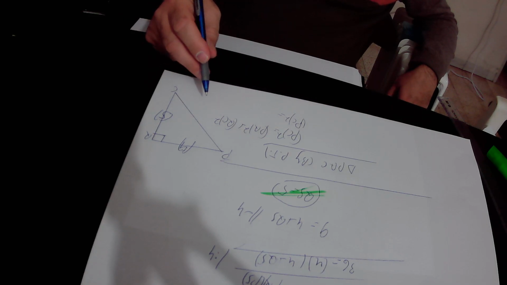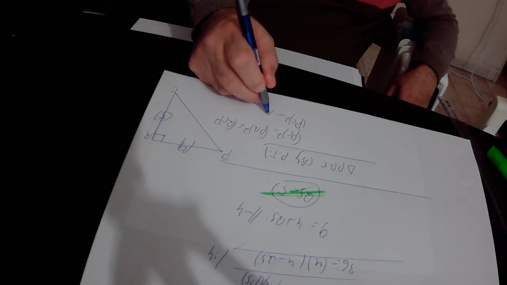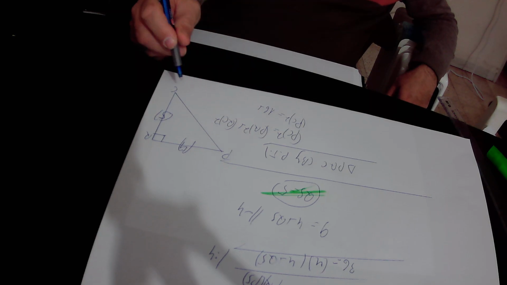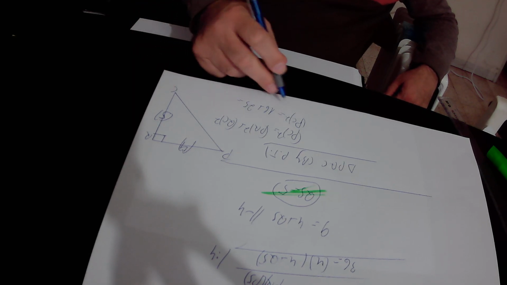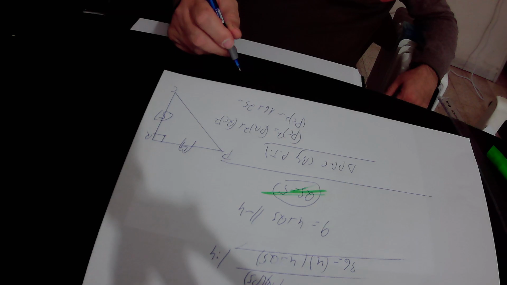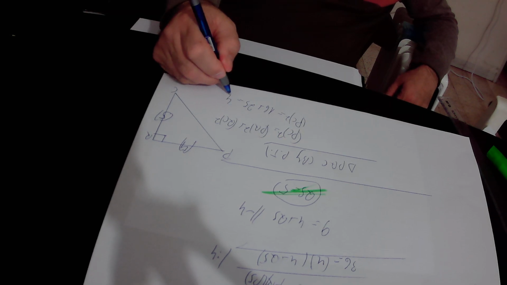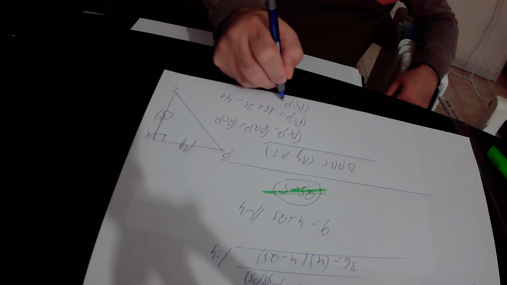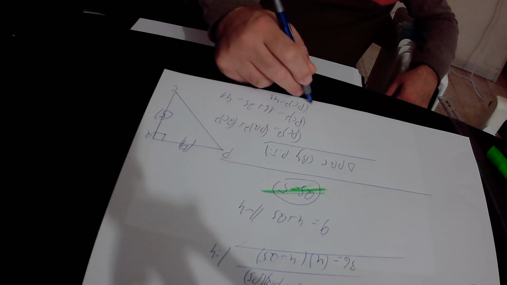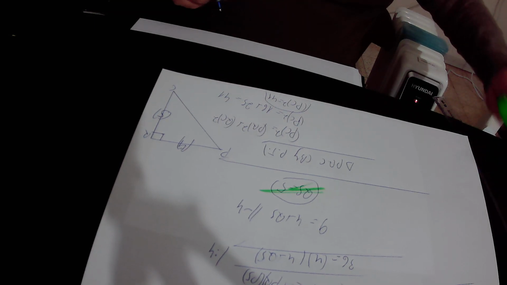PQ is 4, therefore PQ squared is 4 squared, that is 16, plus QC squared. QC is 5, therefore QC squared is 5 squared, that is 25. So in total, PC squared equals 16 plus 25, that is 41. Finally, we found out that PC squared equals 41.